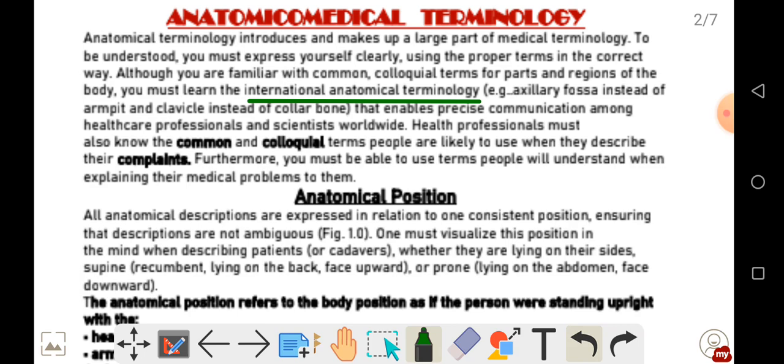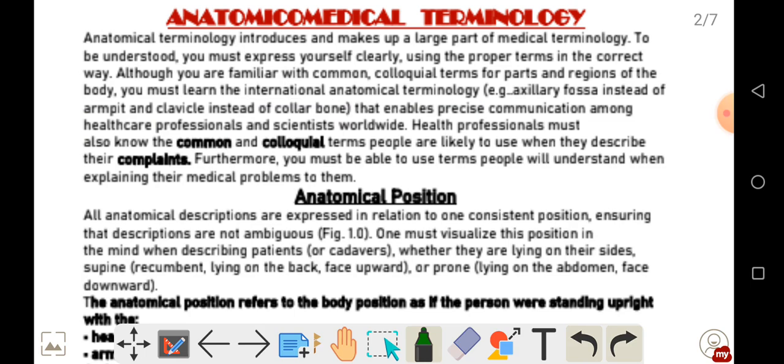For example, axillary fossa instead of armpit. Axillary fossa is the anatomical medical terminology instead of the layman's language or colloquial term armpit. Clavicle instead of collarbone.